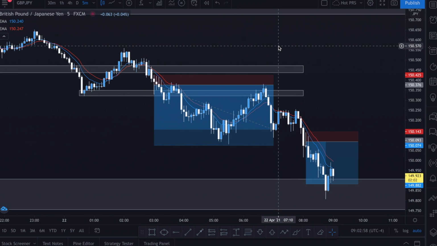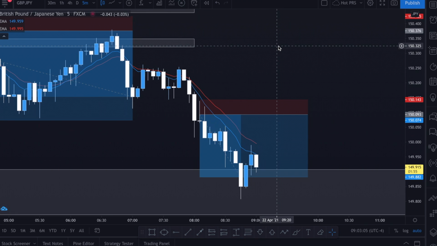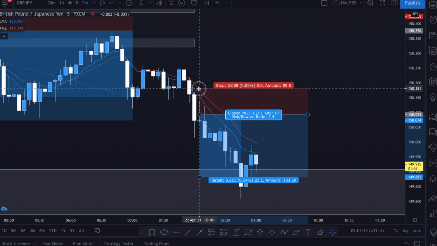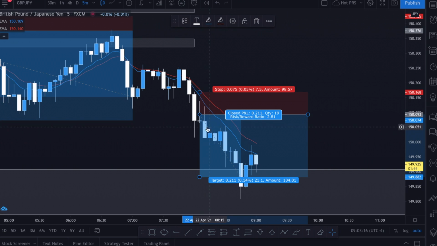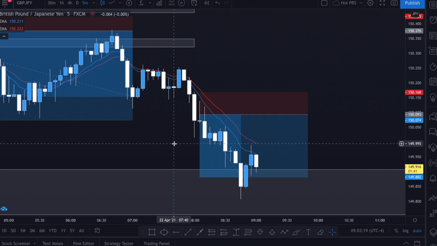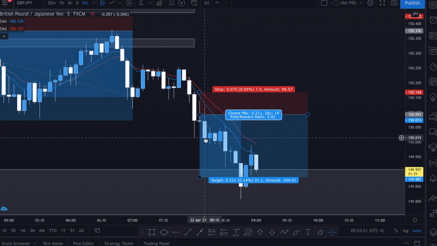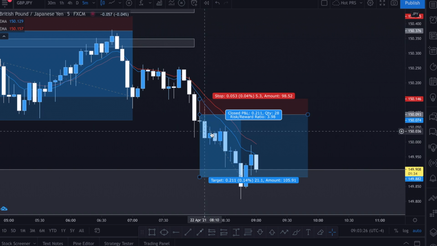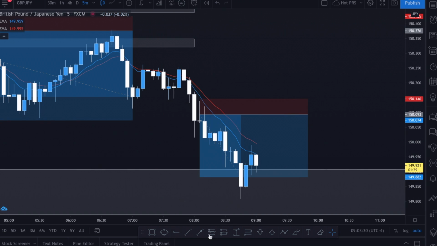Still on a winning streak despite a couple losses, but the losses are minors, as I say, because of how I trade, guys. I tend to trade GJ very aggressively. So as you see, this is a 5 pips stop loss. The original stop loss on this trade is 8 pips, but as soon as price started to close bearish in my favor, after I got this bearish candle, I moved my stop loss to 5 pips. Then after seeing this candle close to the downside, I moved my stop loss into profit.